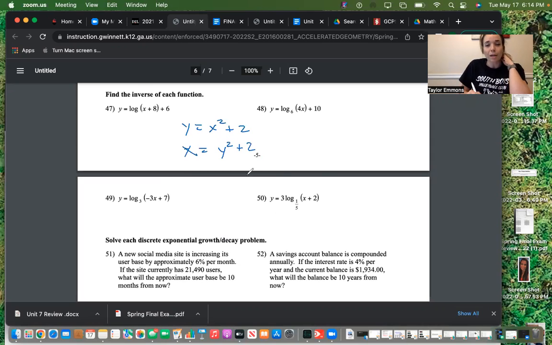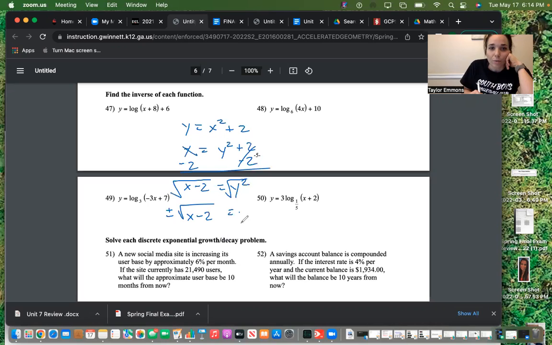If we want y by itself, we subtract 2, and that gives us x minus 2 equals y squared. Then I would take the square root of both sides, so that gives me, technically, plus or minus the square root of x minus 2 equals y.